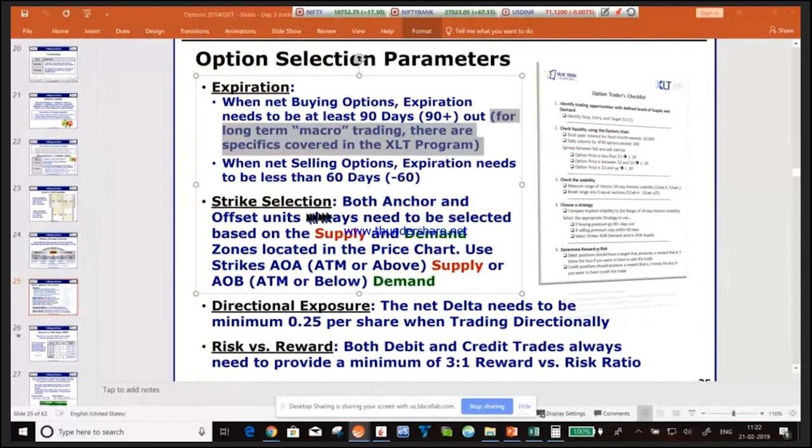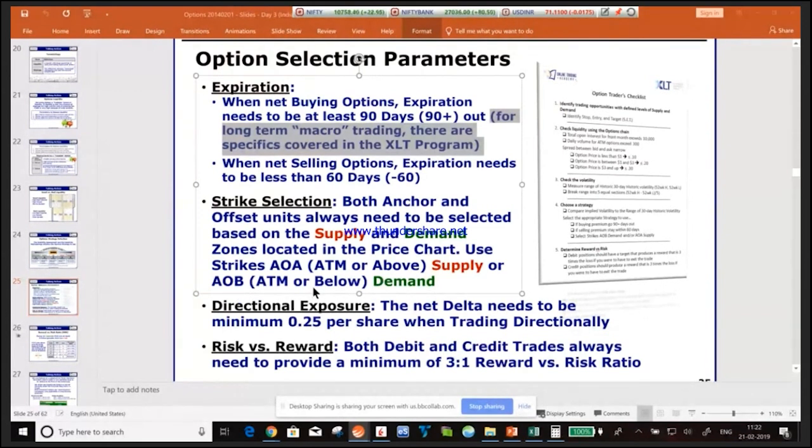Now strike selection. Both anchor and offset units. I'll talk about what anchor and offset units are later on. Both anchor and offset units always need to be selected based on the supply and demand zones located in the price chart. Use strikes at the money or above supply, or at the money or below demand.